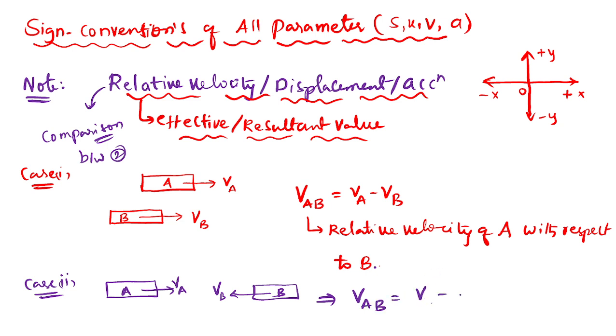VA minus, but this B is going in the left direction, so minus of VB. Then velocity will be VA plus VB. So you are following the direction, because these are vectors. Vectors definitely have value as well as direction.